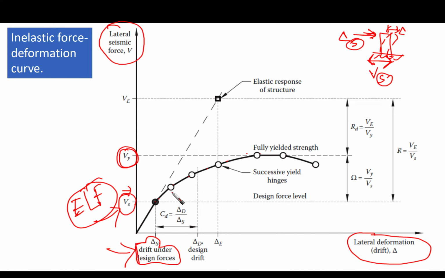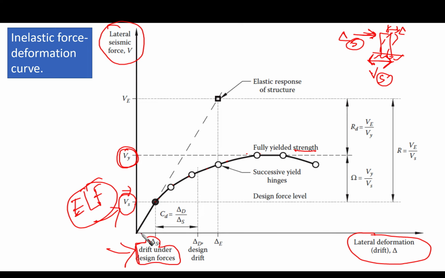The structure is going to deform non-linearly, and plastic hinges are going to form. These successive yield hinges push the structure into the nonlinear range until it reaches the full maximum strength. We call it the fully yielded strength, the maximum strength. After that, the structure would start to drop the load.